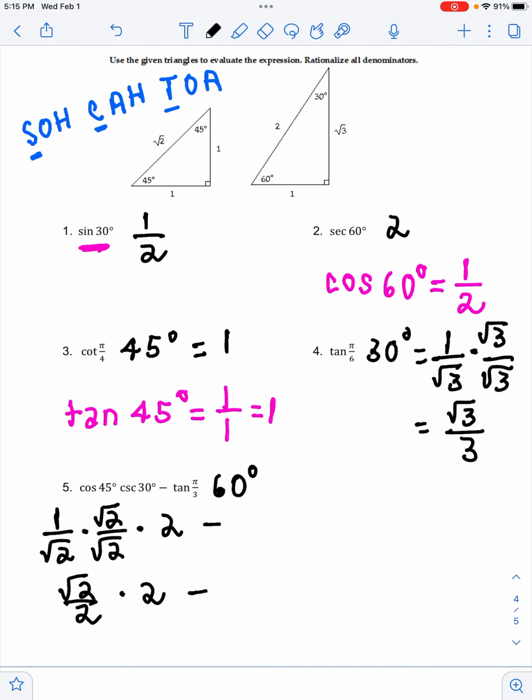Looking at our 60-degree angle, the tangent of 60 is opposite over adjacent. So that's going to mean square root of 3 over 1, or just square root 3. If we simplify, our answer really is square root 2 minus square root 3. We're not going to approximate. We're just going to leave it in its exact form.